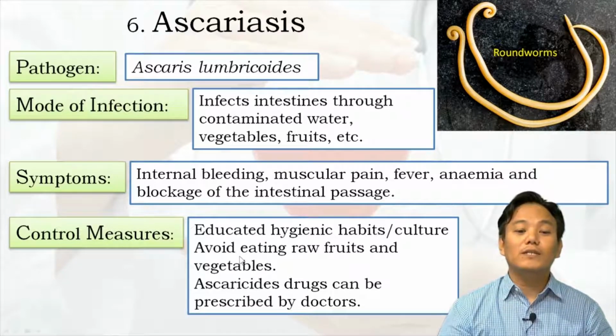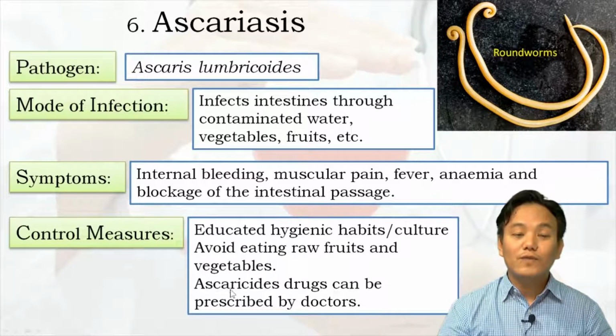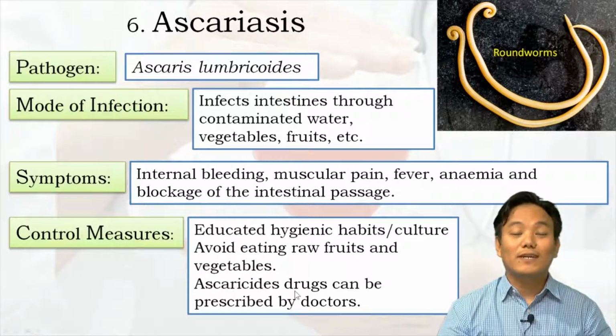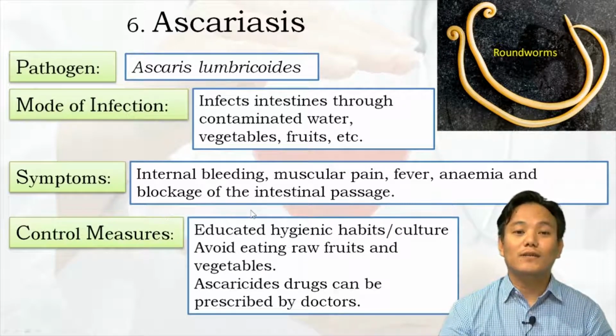We should avoid eating raw fruits and vegetables, eat properly cooked meals, and drink safe drinking water. If you suffer from ascariasis, you may have to go to the doctor. He will diagnose it, and if it is ascariasis, he will prescribe ascaricide drugs, which can kill the Ascaris growing within your intestine. So that is about ascariasis.